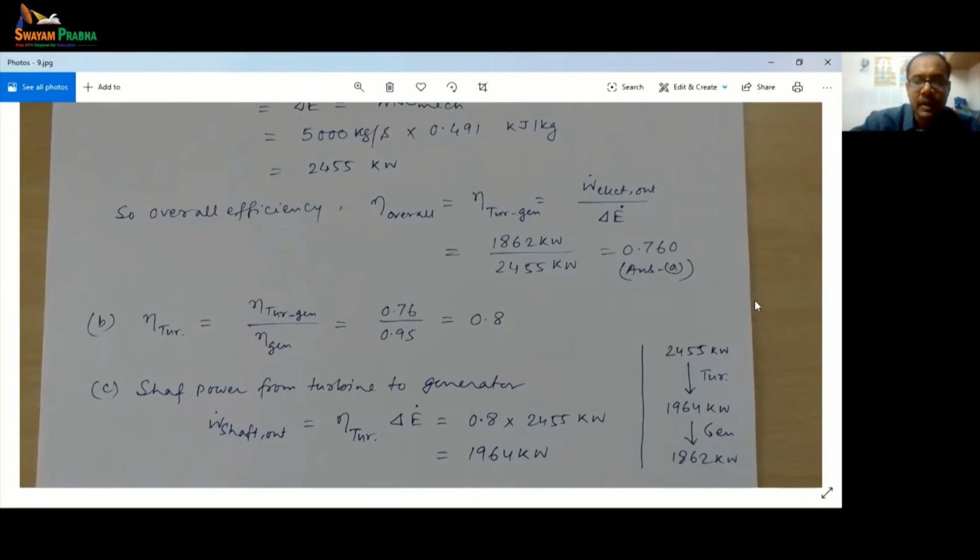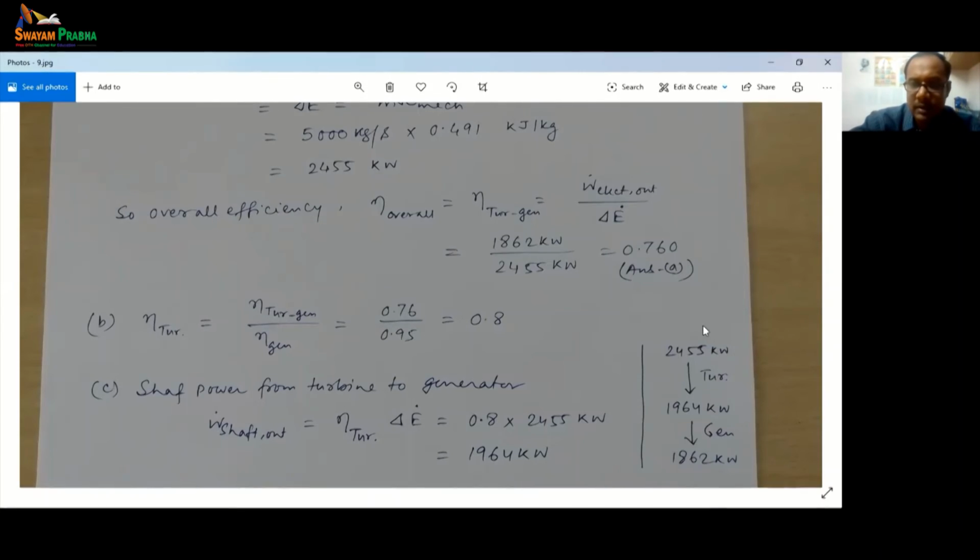Okay, and now it asks us to find what is the shaft power from turbine to generator. That shaft power output is turbine efficiency multiplied by the overall available mechanical energy, that is 0.8 into 2455 kilowatt, that means 1964 kilowatt. That's the shaft power which is going from turbine to the generator.